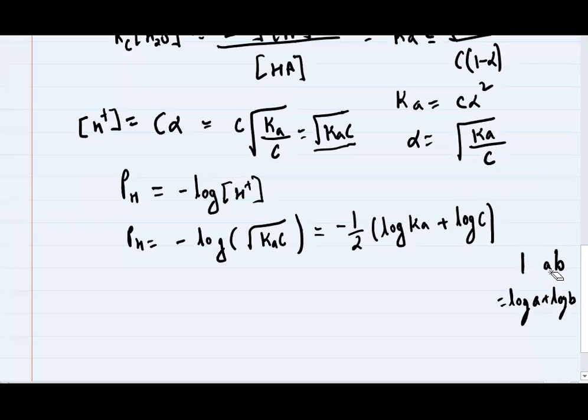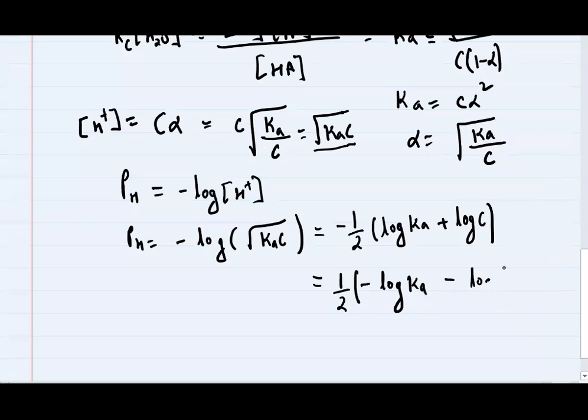Now think about it. As we said, pH is equal to minus log of concentration of H plus. So I'll just take this minus inside. So we'll have half, minus log of Ka, base is 10, okay, minus log C. Got it, everyone?